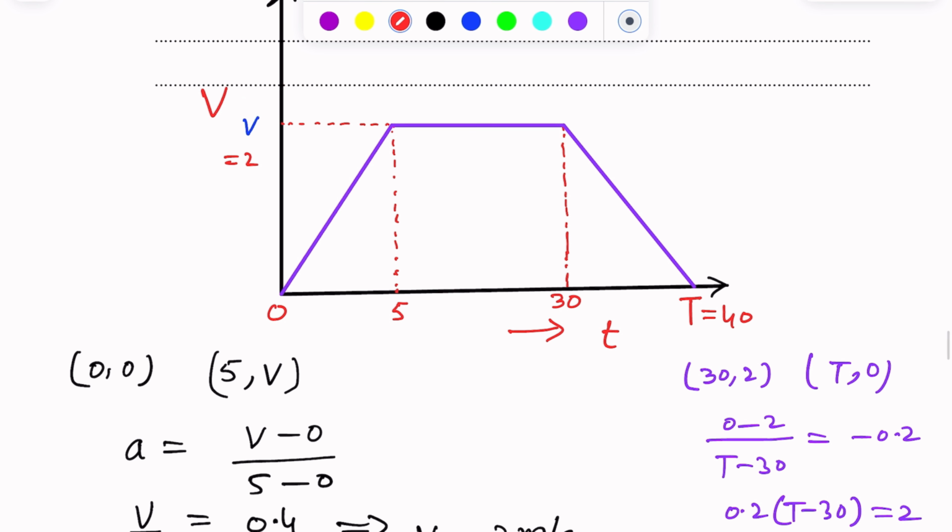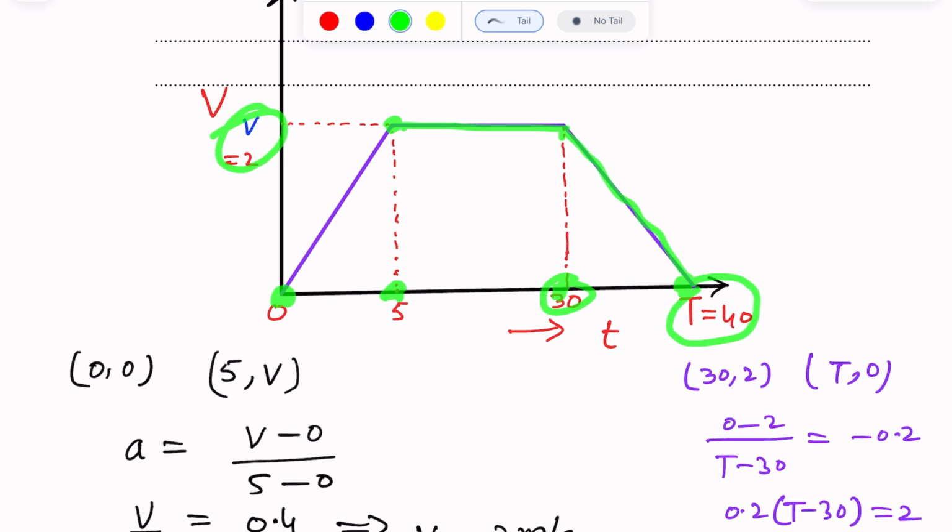Now we have mentioned all the important features of this graph. These readings show the important features of this graph. Now clearly this diagram is a trapezium, because two sides are parallel and these two sides are non-parallel.